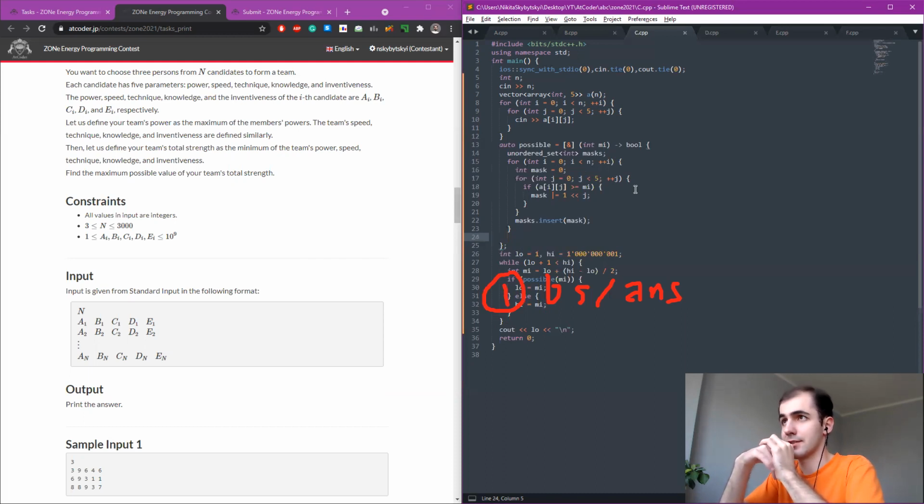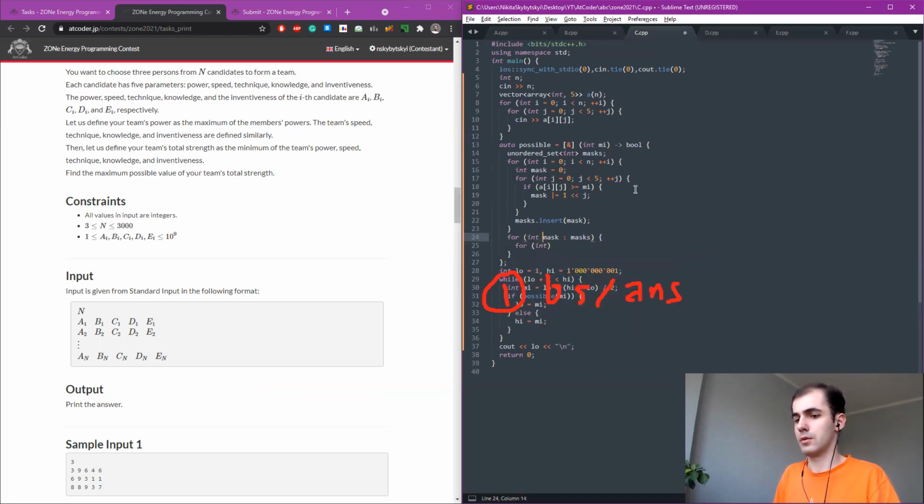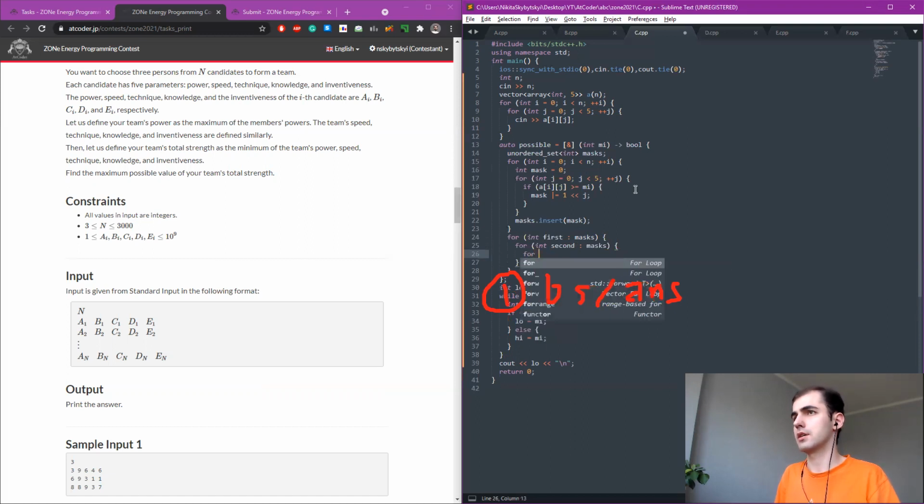There are not that many masks. Keep in mind, there are at most 2 to the 5th, so we can just look over all triples of masks, actually, right? But we are not going to do that. We are going to look over 2 masks. No, actually, yeah. We can just look over triples of masks.